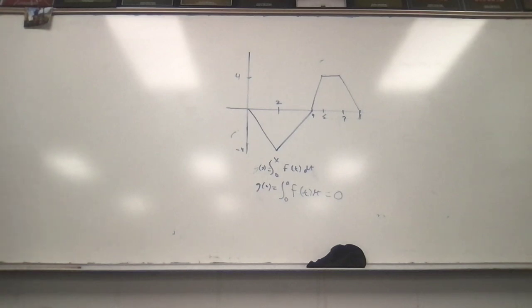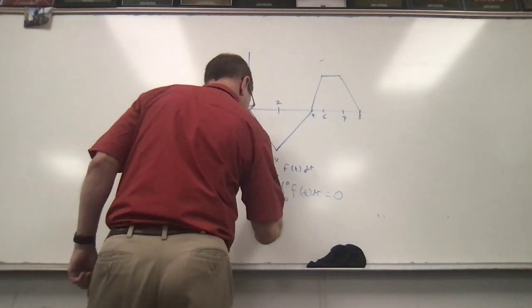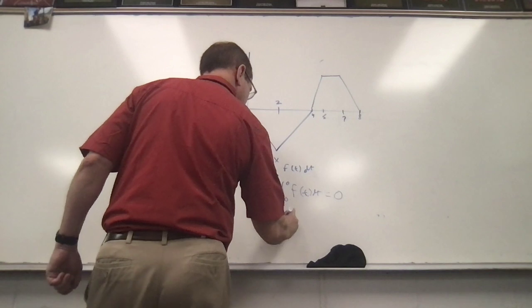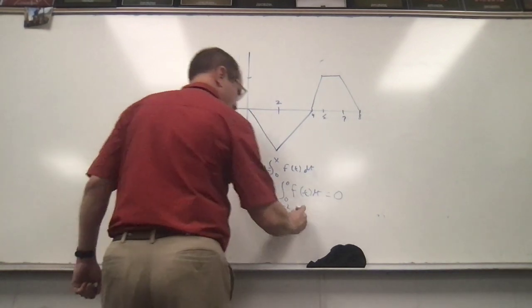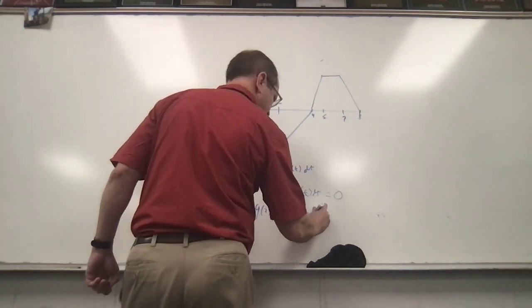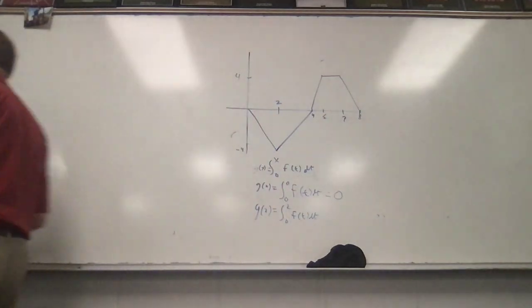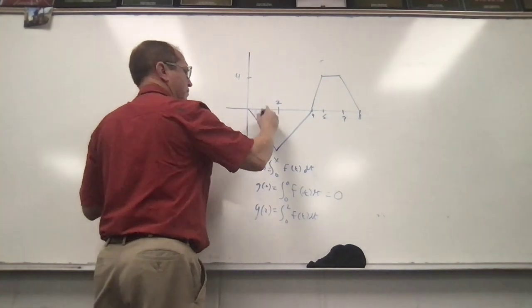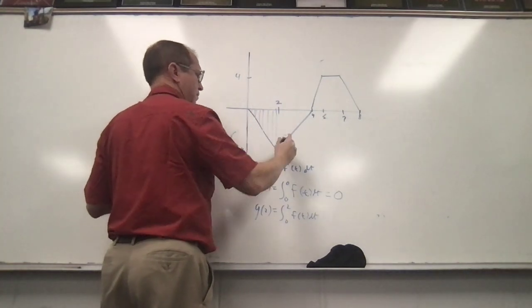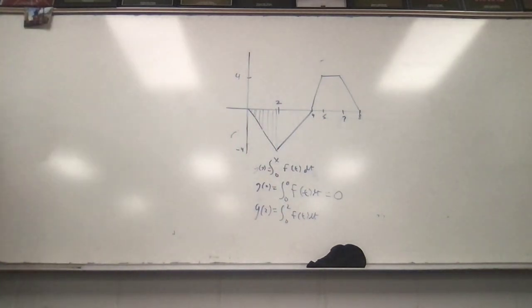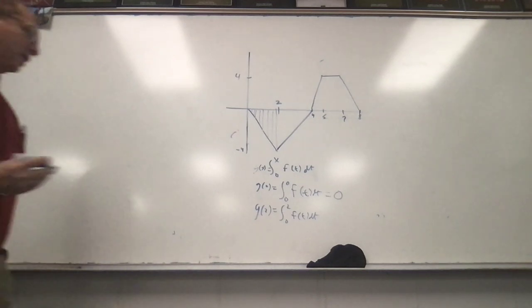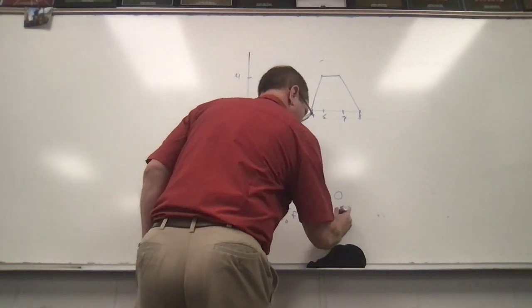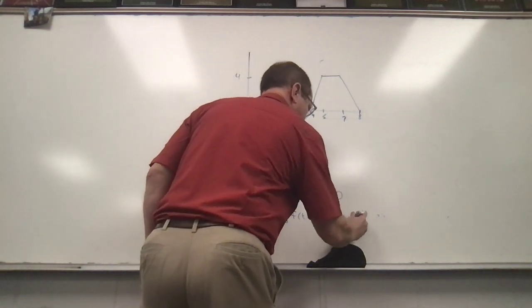All right, the next one is g of 2. So we're going this time from 0 to 2 of f of t dt. So what are we looking at here? We're looking at wanting this area right there, which of course is a triangle. So it's going to equal 1/2 of the base times the height.